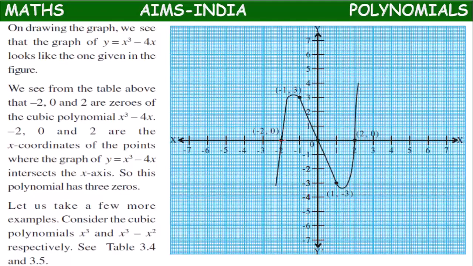If we locate the 5 points on the graph paper with the help of coordinates and join them with a smooth curve, the shape comes like this.